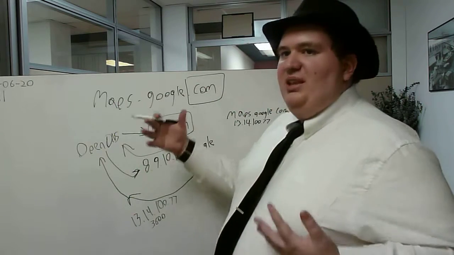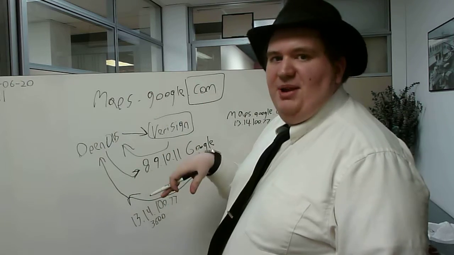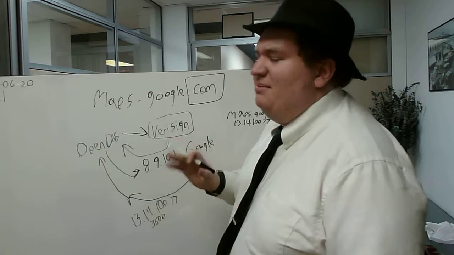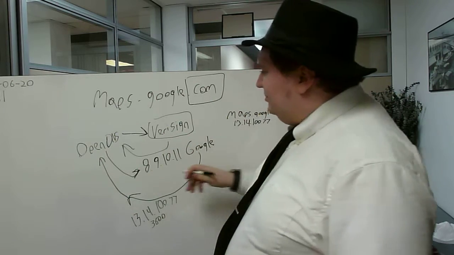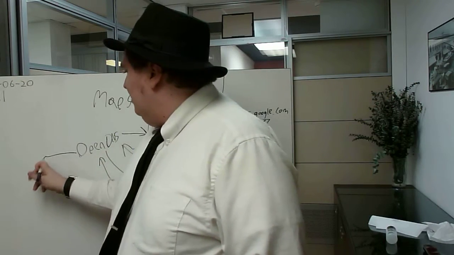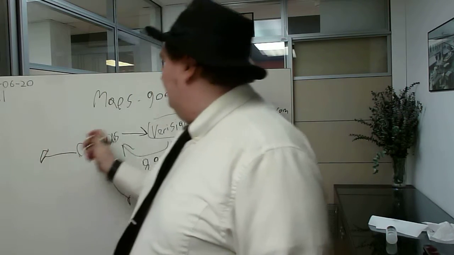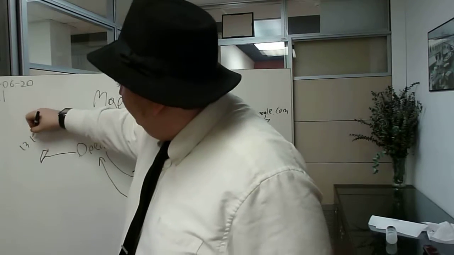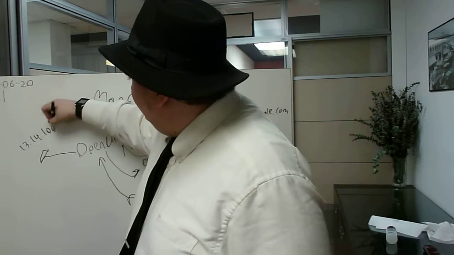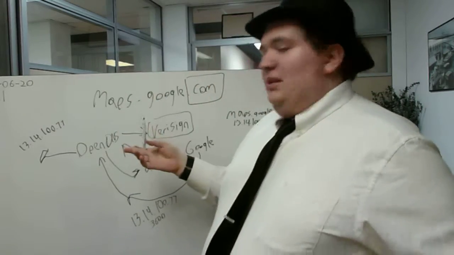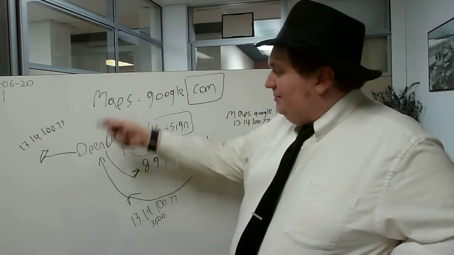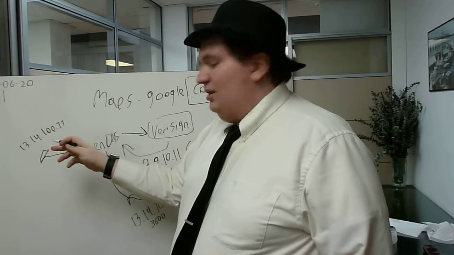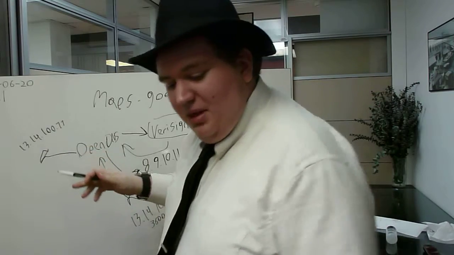If it's really big, it's going to be like, okay, you mean 3 hours. And if it's really small, like if it says that's good for the next 5 seconds, it's like I'm not going to ask for 5 minutes. But then OpenDNS will tell your computer, if you want maps.google.com, you've got to request something for 13.14.100.77. So then with this, it goes and makes a request to maps.google.com.